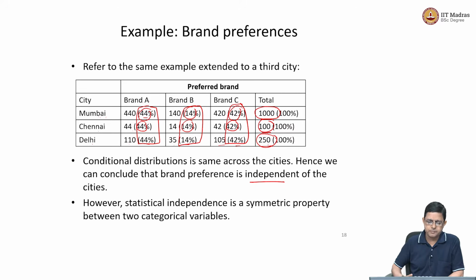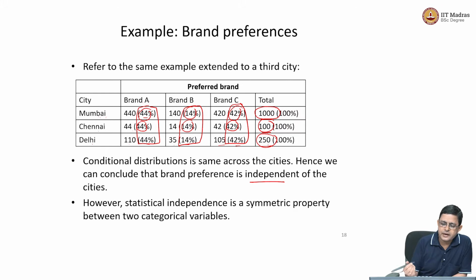Before we go there, you also remember the discussion that statistical independence is actually a symmetric property. So if brand preference is independent of city, city is also independent of brand preference. If you calculate the proportion for columns, here we calculated the proportion for rows.